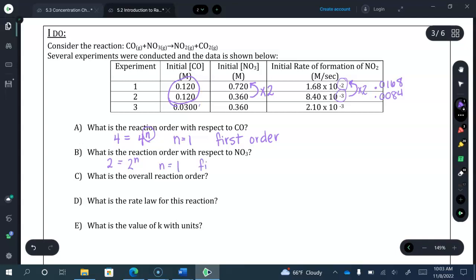So that tells us it is first order for NO3. So for our overall reaction order, we add these two together. First order from the carbon monoxide and first order from the nitrogen trioxide tells us that the overall reaction order is 2. So it is second order overall.